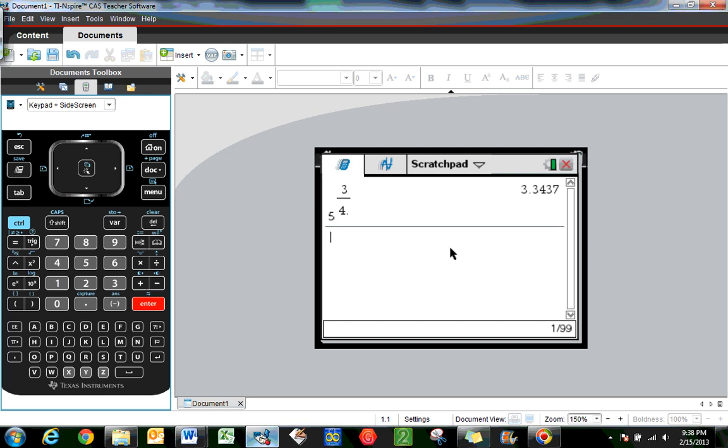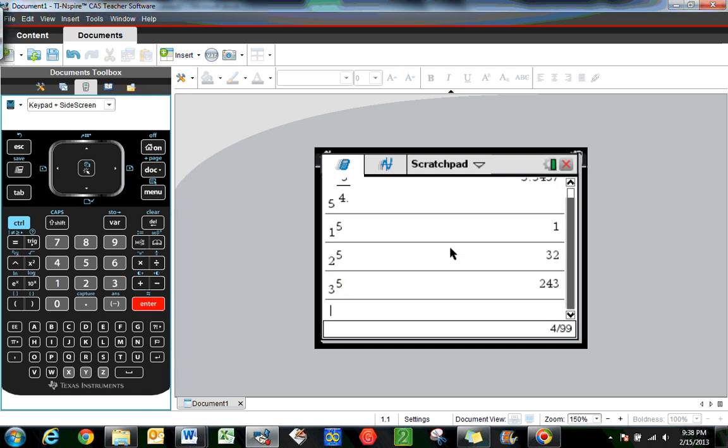If I just start here with some basic powers of 5, I'll start with 1. 1 raised to the 5th power is just going to simply be 1. 2 raised to the 5th power is going to be 32. 3 raised to the 5th power is going to be 243.